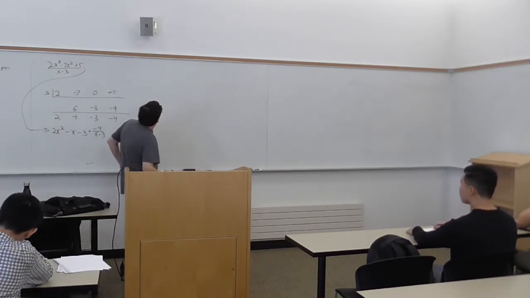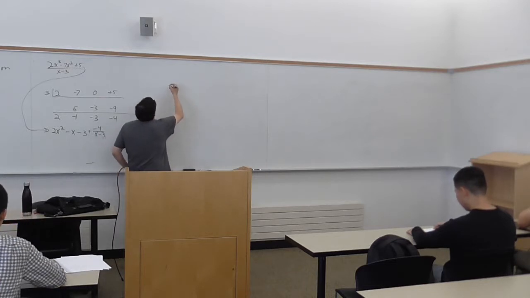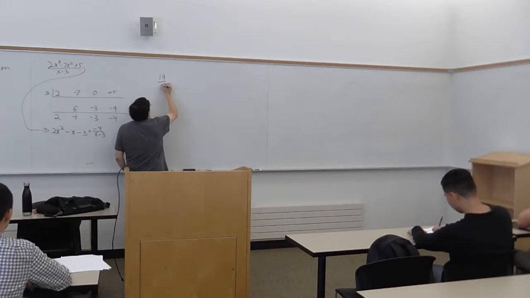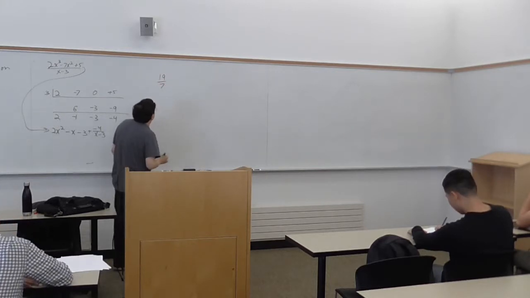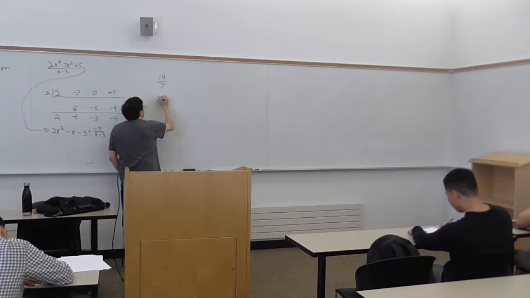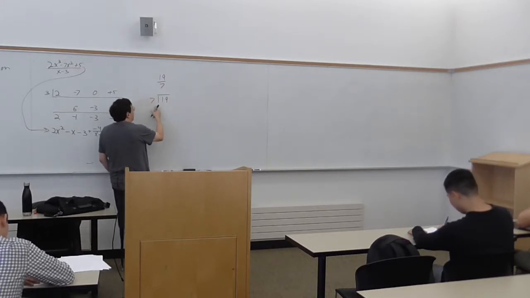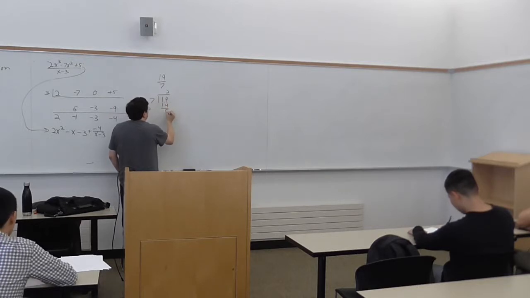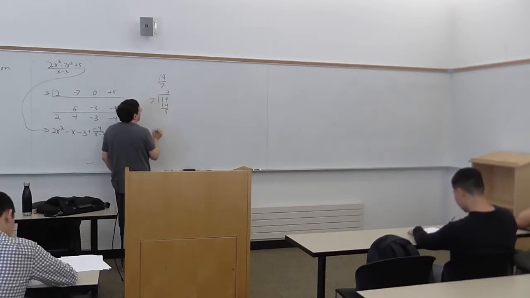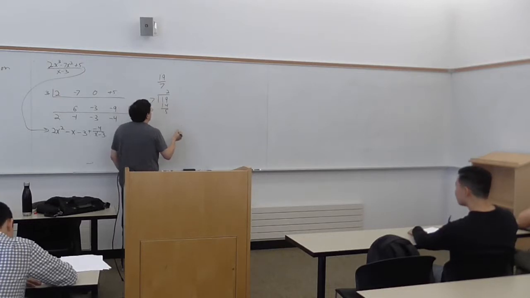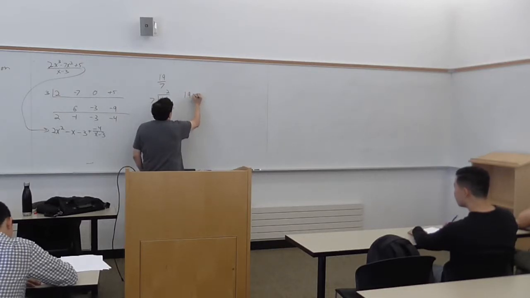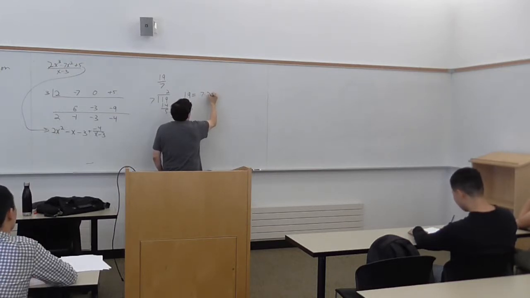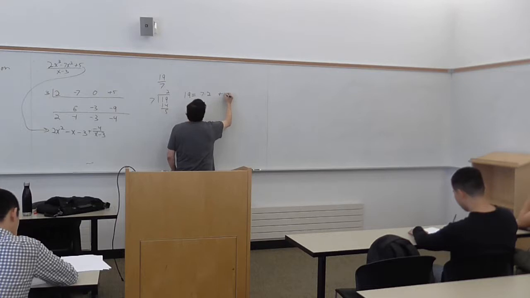I'm just going to do a simple division. Say, I don't know, 19 divided by 7. So I'm going to divide the long way. 7 goes into here twice. 14, it remains 5. So what that means is that 19 is equal to 7, what I'm dividing by, times 2, plus my remainder, which is 5.